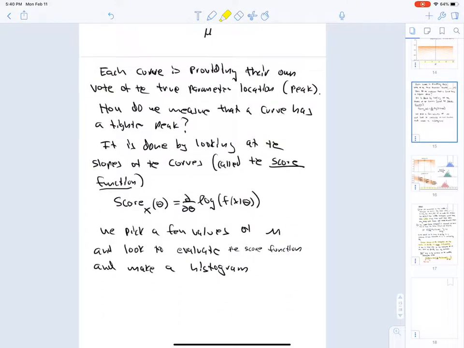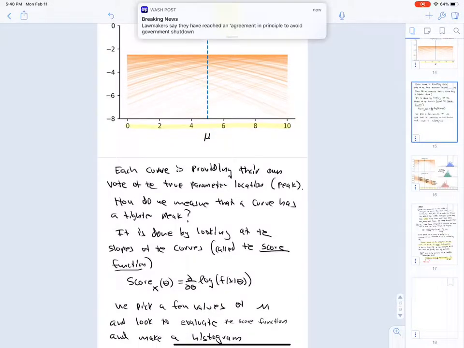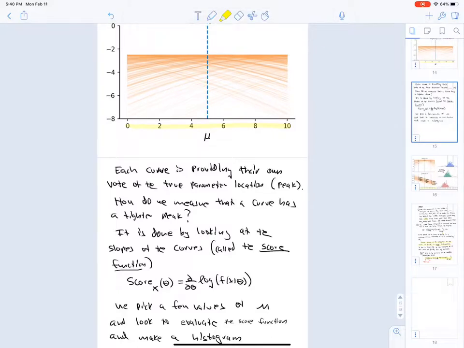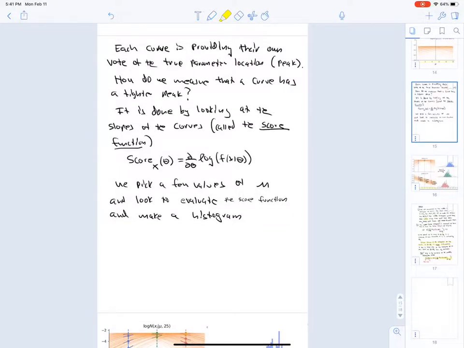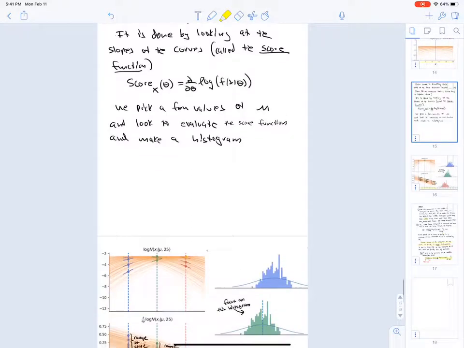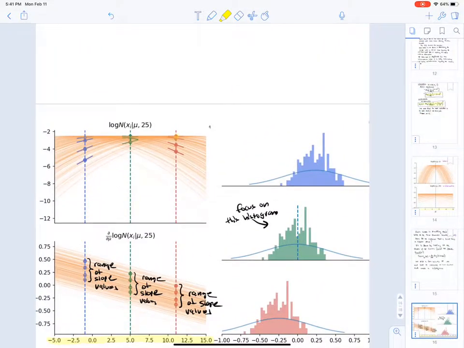Now, each curve here is providing its own vote for what the true parameter location is. So we are going to introduce the score function, which is the derivative of this log likelihood. This gives us a measure of how pointed the trajectories are. We're going to pick a few values of mu, and here we're concentrating on the log likelihood for the uninformative one.